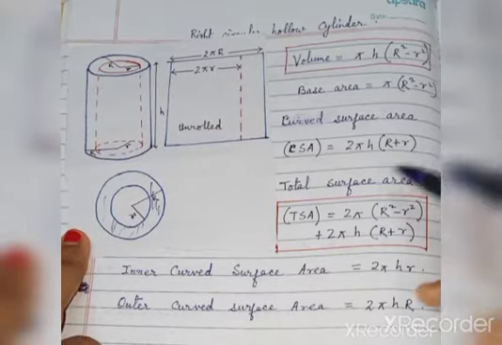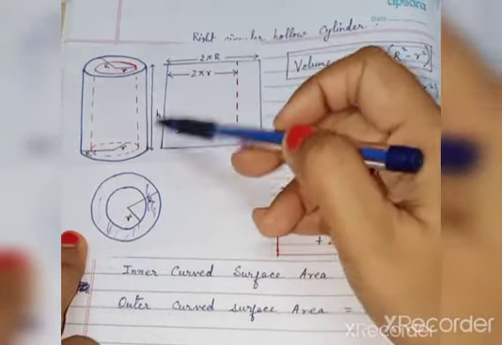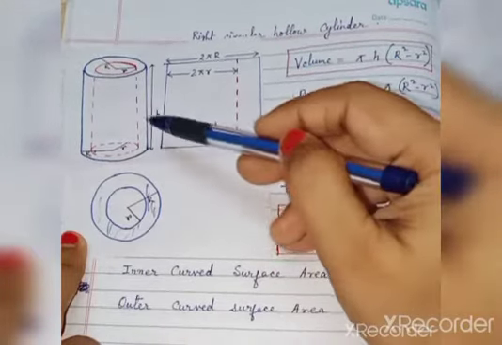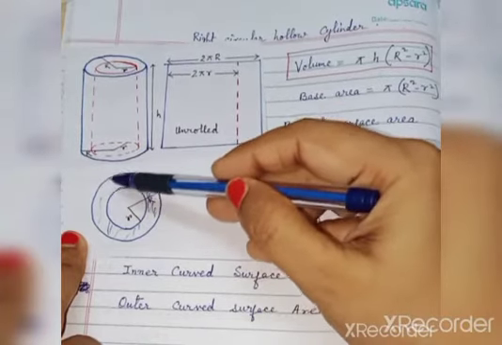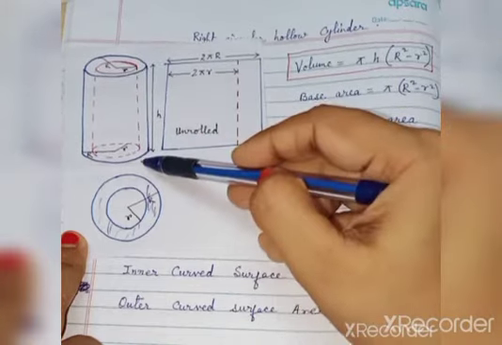And the total surface area of the right circular hollow cylinder will be the outer curved surface area, the inner curved surface area, and the base area. The base area we will get for the top and the bottom, so 2 times.